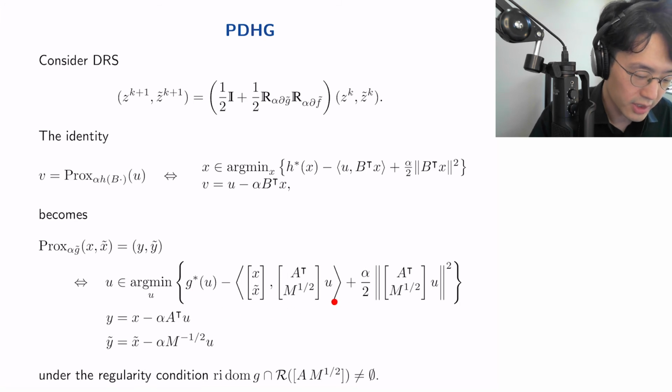So this is linear in u, and then with this quadratic term. Then once we find the argument u, we perform these matrix vector products, and then use that to compute y and y tilde. This formula does require this regularity condition, so we will assume it.